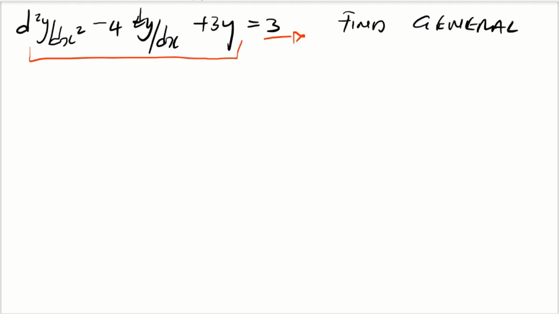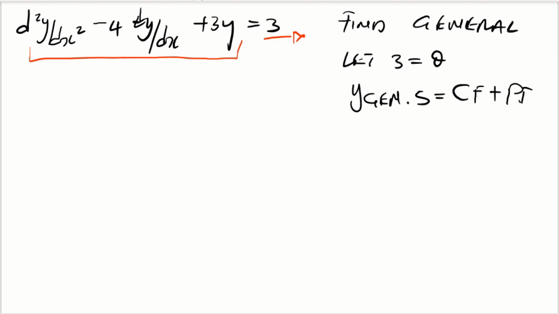So now we'll let this 3 equal to Q. That's your Q. As you can see, that's because this equation is equated to a function. So in order to find your general solution, your Ygen, this Ygen means your general solution, you have to find your CF equation and your PI, where CF is your complementary function, and PI is your particular integral.